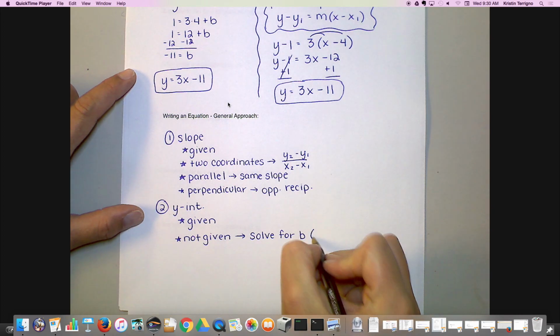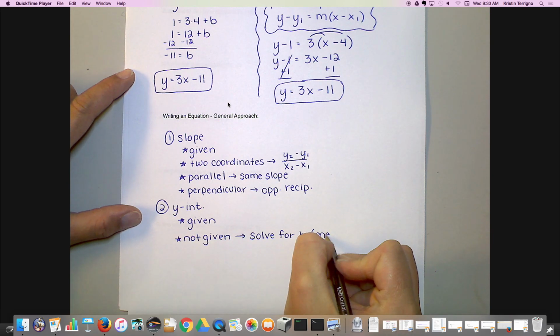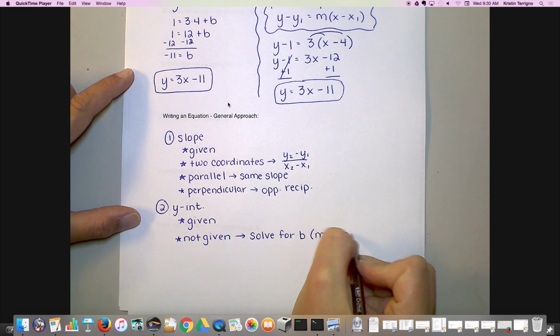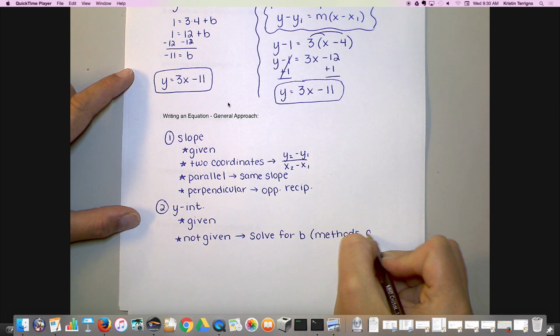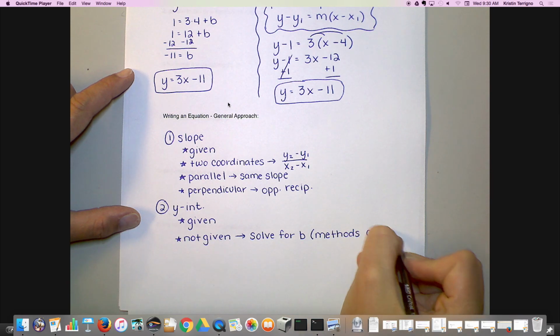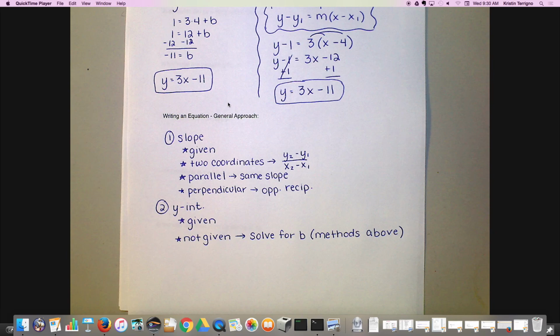So let me just write down that that's what we did up above, is learned how to solve for b. Okay, so the two methods that we talked about above, that's what you do when you don't have the y-intercept. Okay? And again, this is all just general right now. We're going to dive into some examples in just a minute.